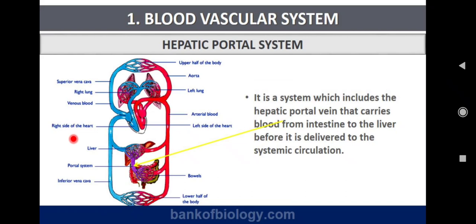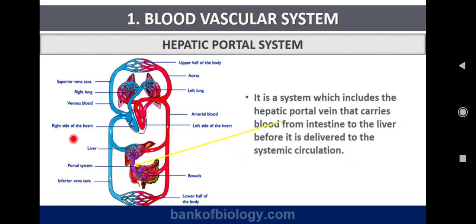After the completion of respiration, actually the deoxygenated blood must be carried to the heart. So between this period, what happens? The blood goes to the small intestine and carries all the nutrients such as glucose, which is produced from carbohydrates, amino acids from proteins, and fatty acids from fats.